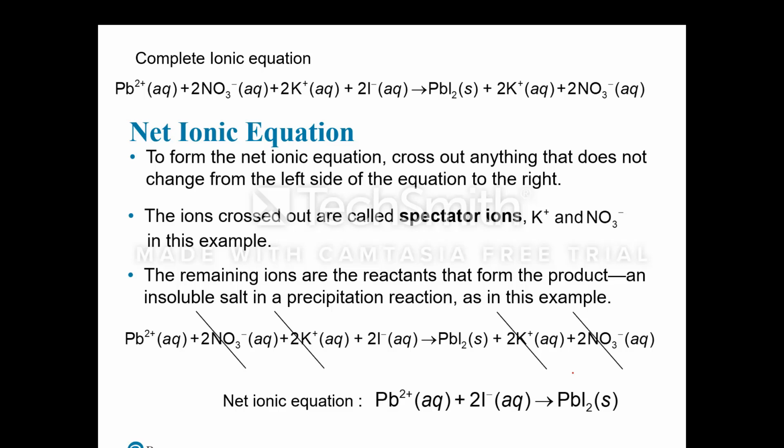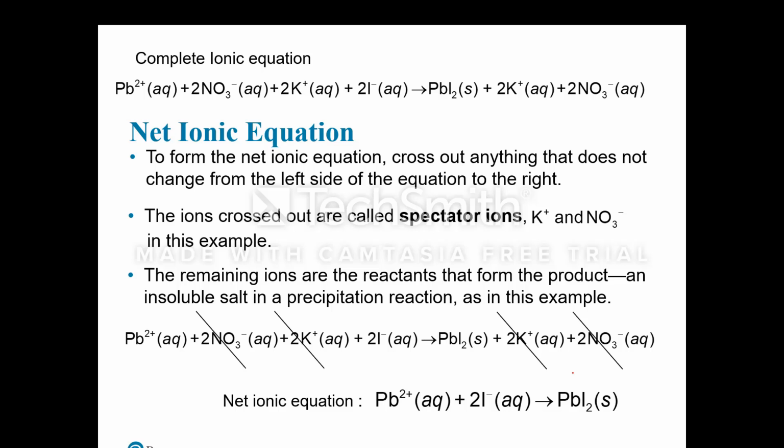Remember that in the net ionic equation, we only write the ions and molecules that participate in the reaction. We use these net ionic equations for a few things. The net ionic equation generalizes our reaction. In general, any reaction that has lead 2 plus ions and iodide ions forms lead 2 iodide.